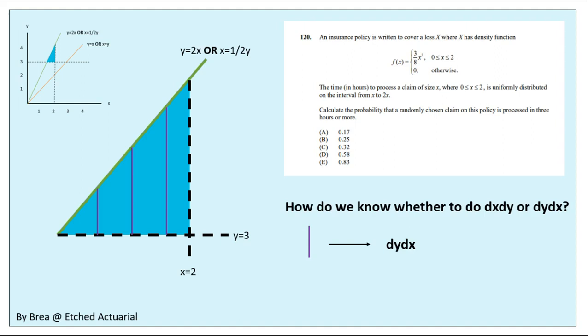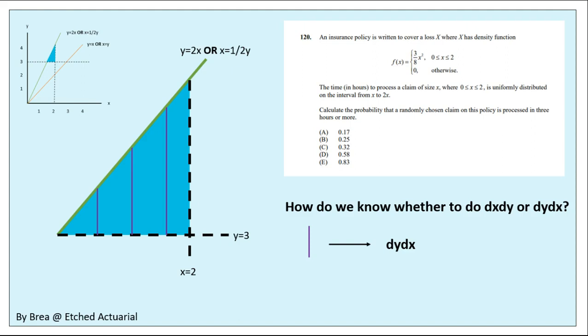Okay, so next, once we know that we're going to do dy dx, that's when I start looking at the boundaries of the integration. We know that we're going to integrate with respect to y first. It's the inner integration. So I'm going to first look for the endpoints for y, and I want to find those endpoints using exactly the same method that I was just talking about.